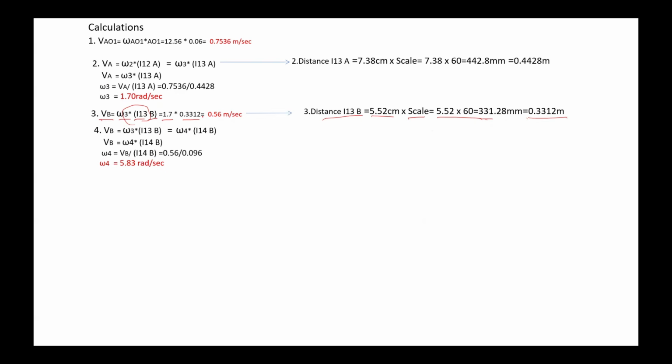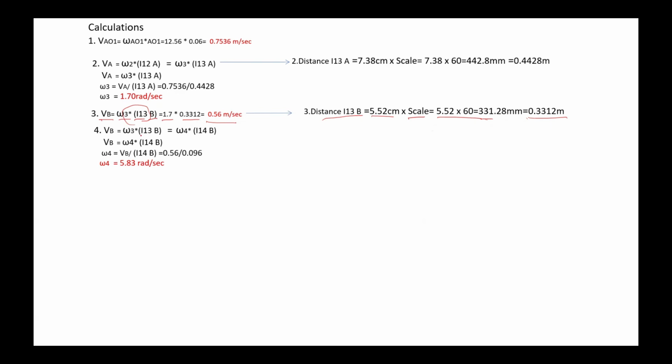Convert this I13B as usual. Here I have shown that distance I13B, measured distance 5.52 centimeter, multiply it with the scale. We got 331.28 mm. Divided by 1000, you will get it in meter. So we got the velocity of B 0.5.